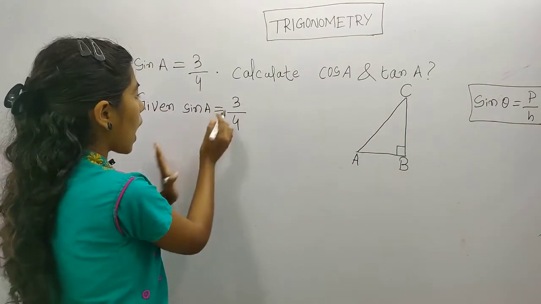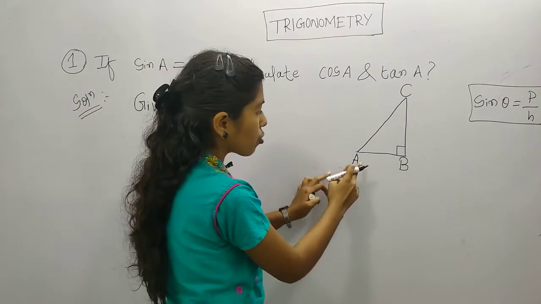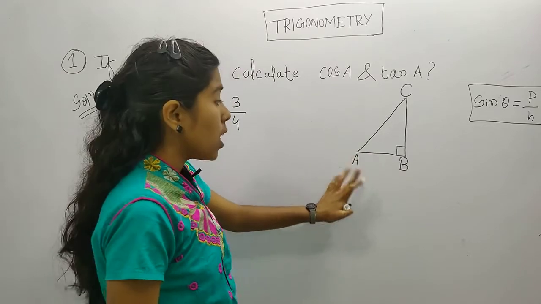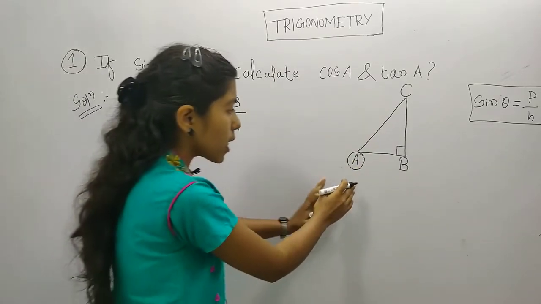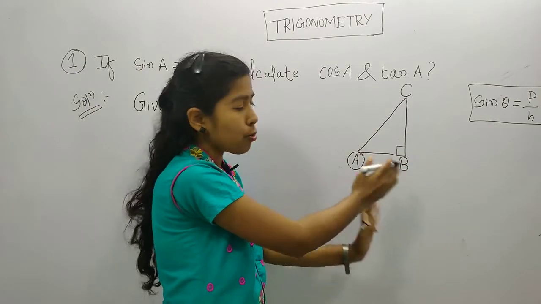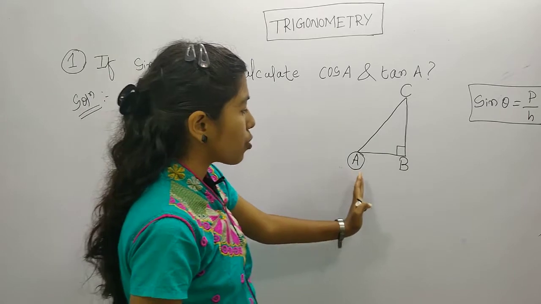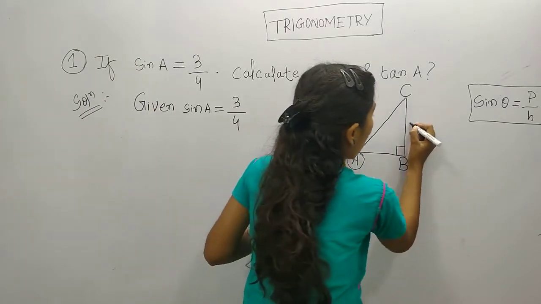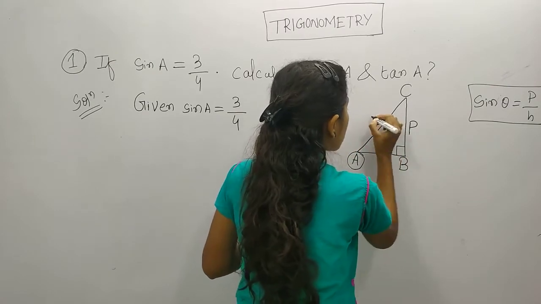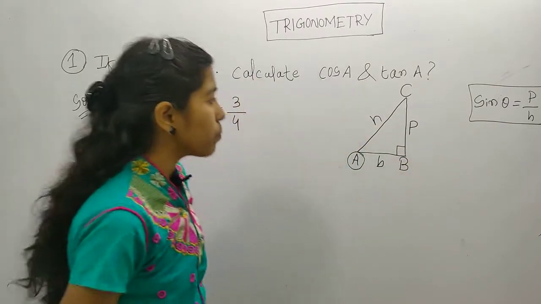Here the angle given is A. The opposite side to angle A is the perpendicular, which is BC. So this will be our perpendicular, this is the hypotenuse and this is the base.